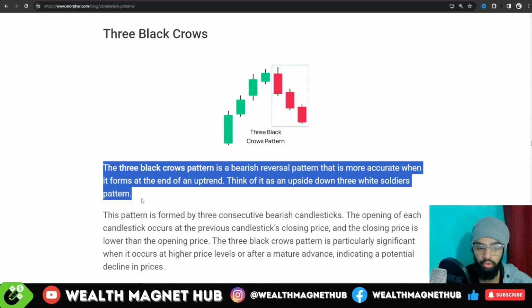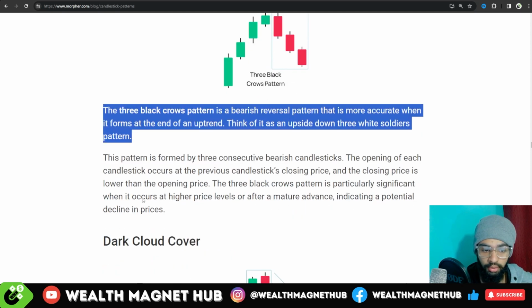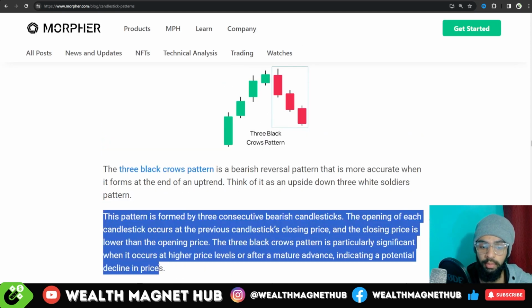The 3 black crows pattern is a bearish reversal pattern that is more accurate when it forms at the end of an uptrend. Think of this as an upside down 3 white soldiers pattern. So as we talked about, basically the inverse of that pattern. This pattern is formed by 3 consecutive bearish candlesticks.